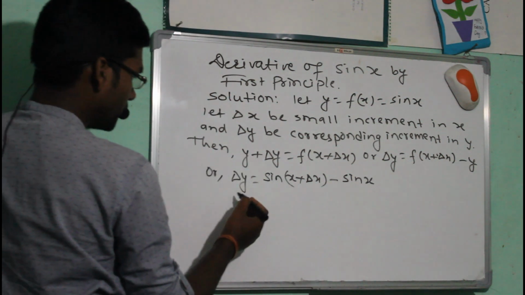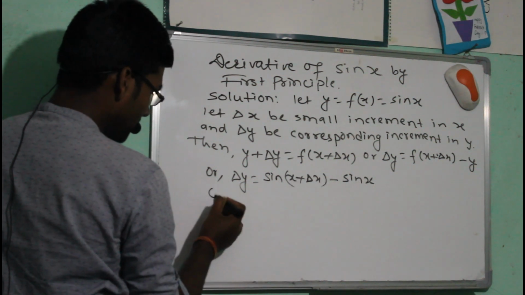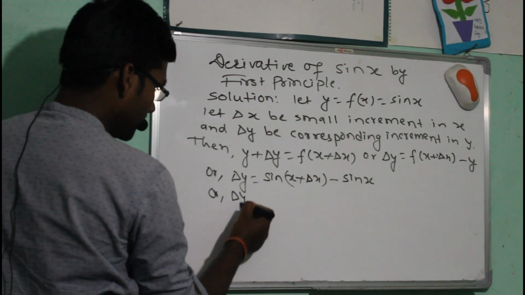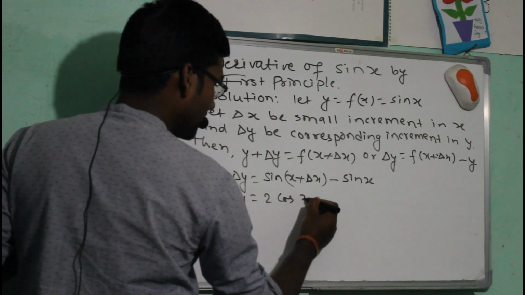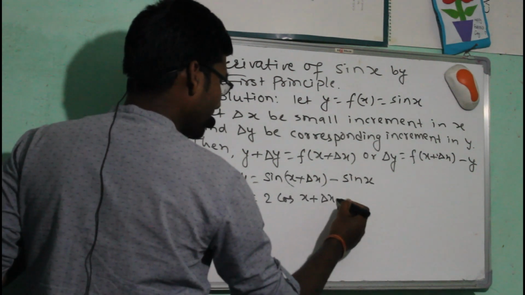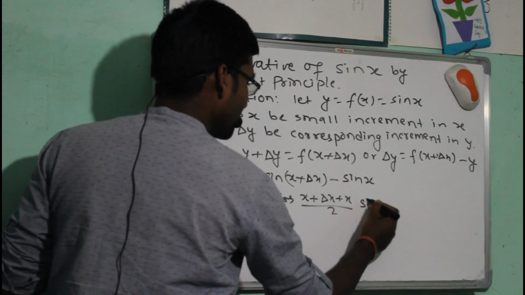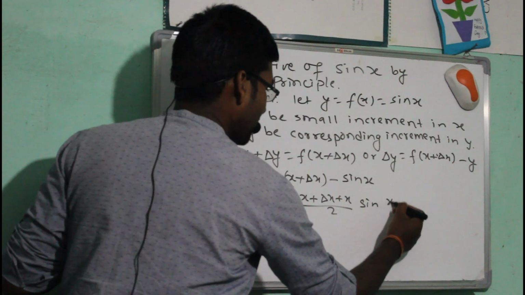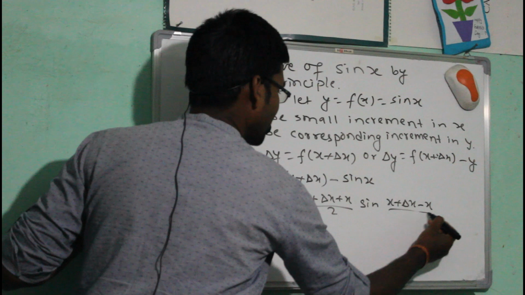Now what we can do here, we can use the sin C minus sin D formula. So let's write that. It will be simply delta y equals 2 cos((C plus D) by 2) times sin((C minus D) by 2).